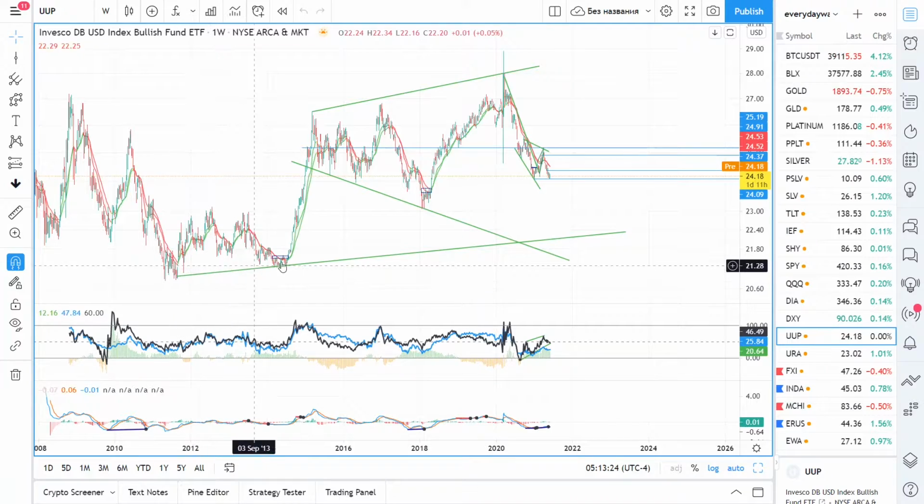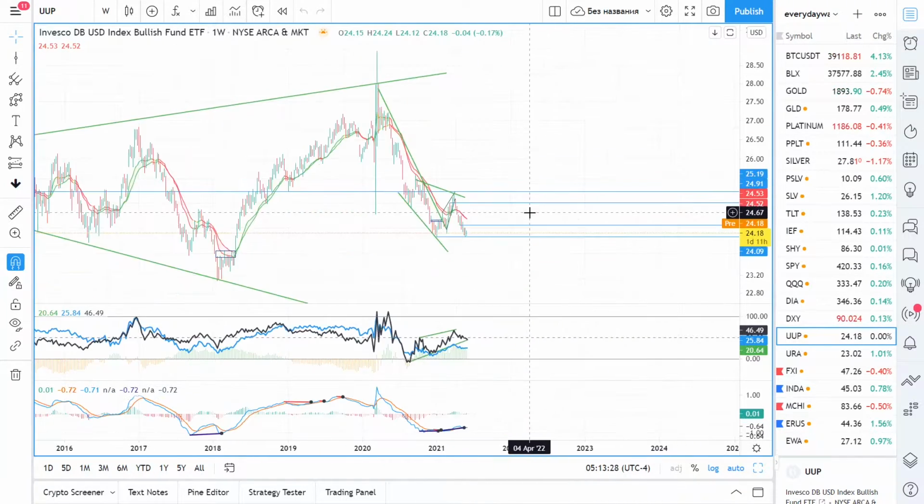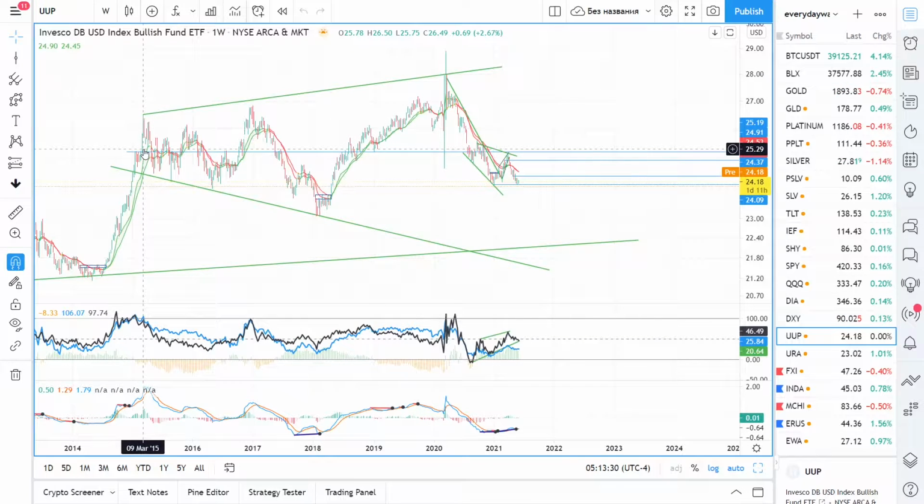We have a trend line like that, and recently, from 2015 till today, we have a big megaphone formation. For those of you that are not familiar with the triangle formation, the megaphone is the exact opposite.